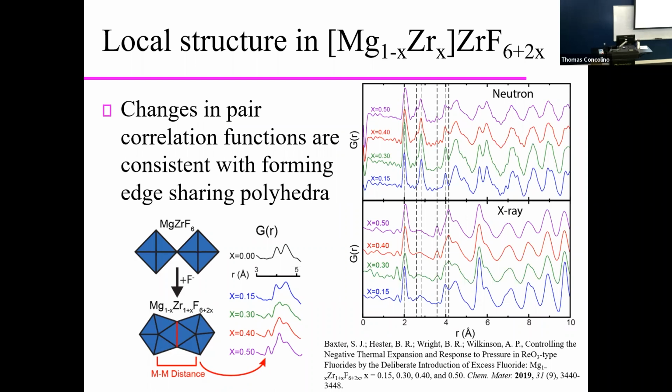Well, this is my proposal, right? Corner to edge sharing. In this structure here, the center to center distance is roughly 4 angstroms. But when you convert to an edge sharing unit, the center to center distance is shorter.